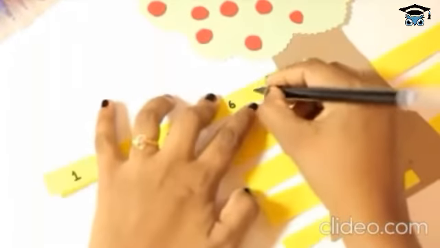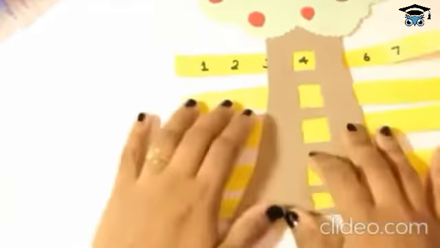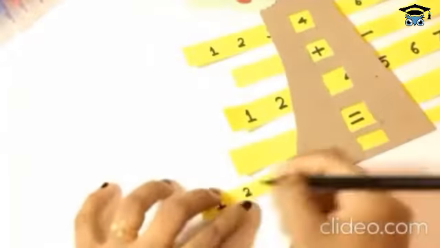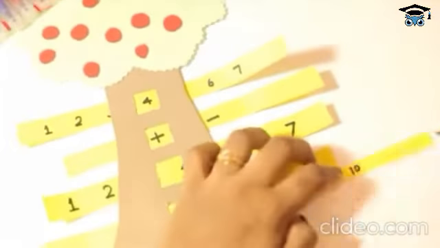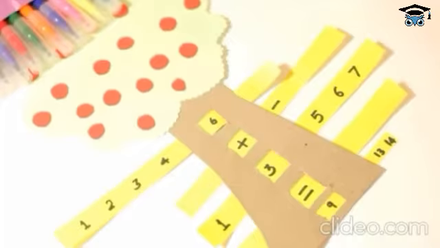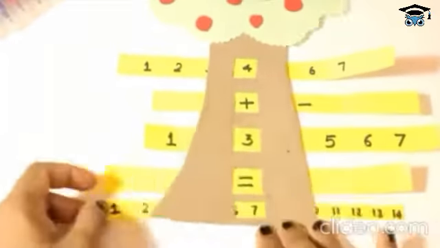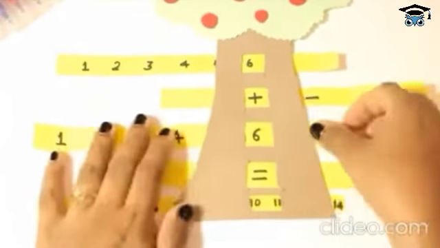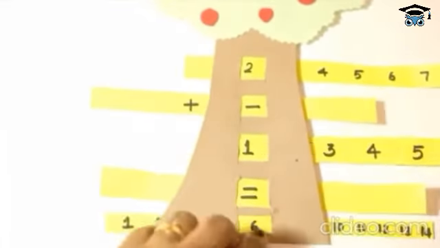But we are doing just the addition activity, so you have to draw the addition sign. In the third strip, you also write the numbers 1 to 9. In the fourth strip, you have to draw just the equal sign. In the last strip, you have to write the numbers 1 to 15. When you move the different strips and place different numbers, you will get the answer.